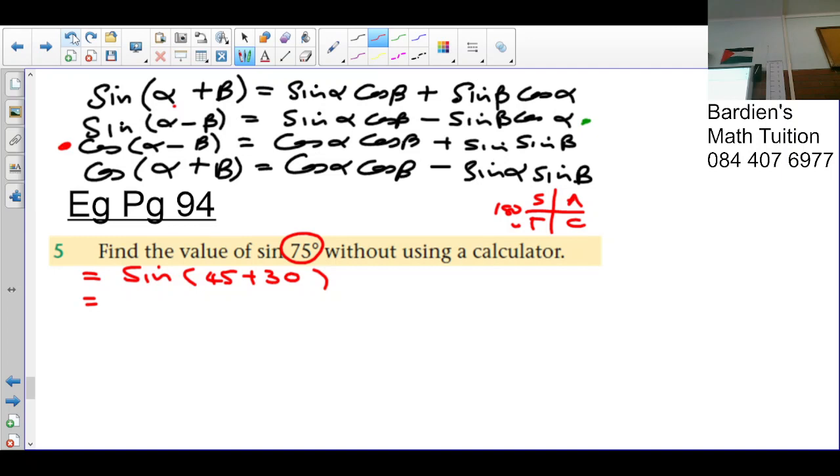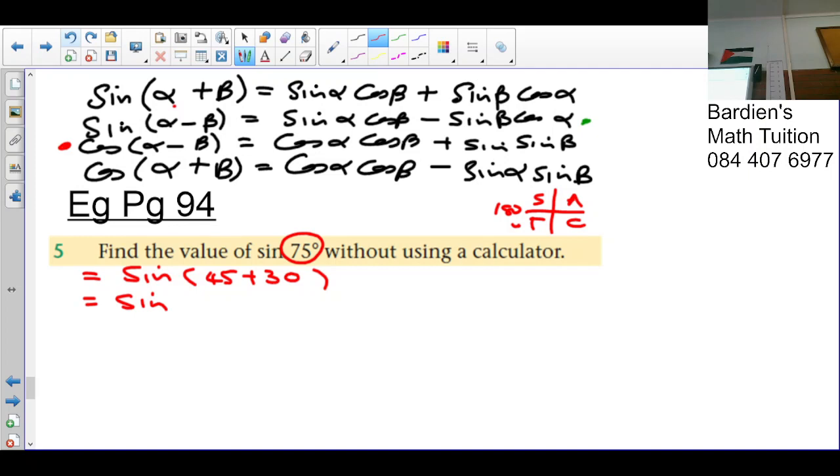So what do we get? Sine. What's my alpha angle? Okay, so it's sine alpha plus beta can be written as sine alpha cos beta plus sine beta cos alpha.